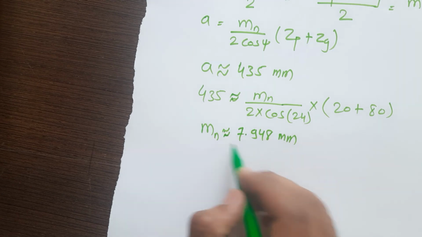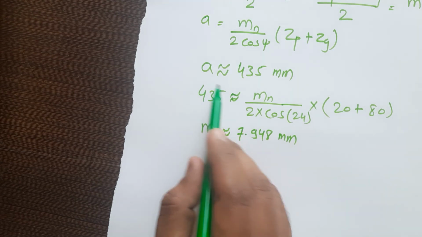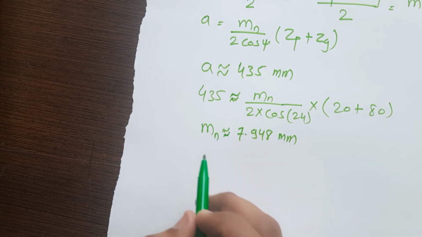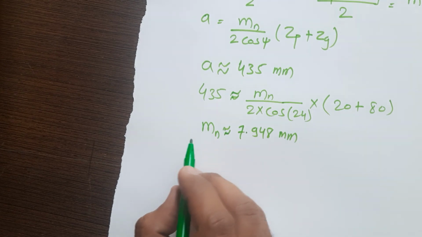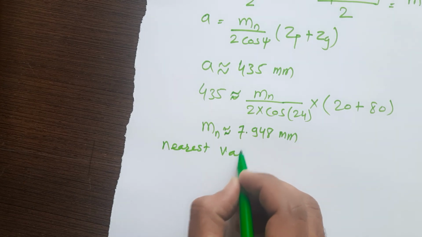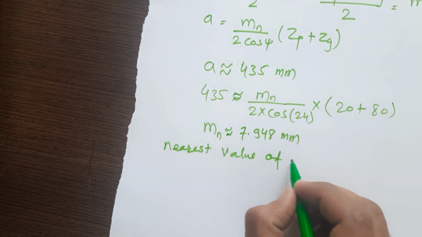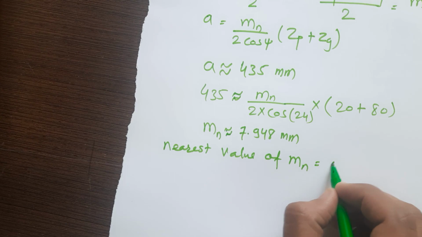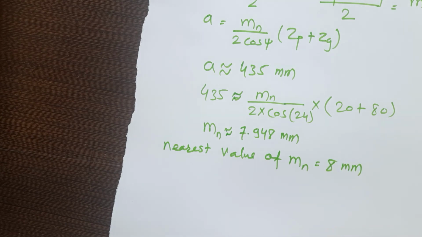The nearest value of normal module is 8 mm. Once you get the normal module, then you can proceed.